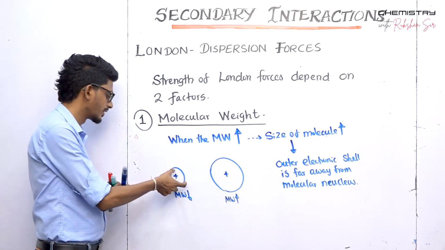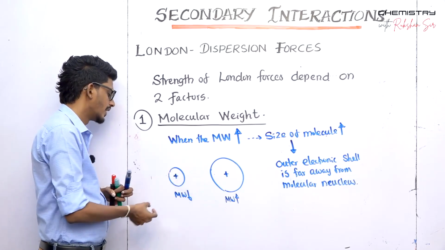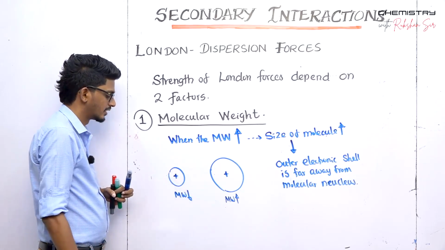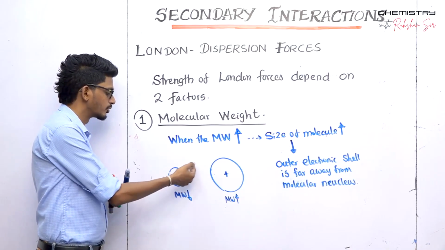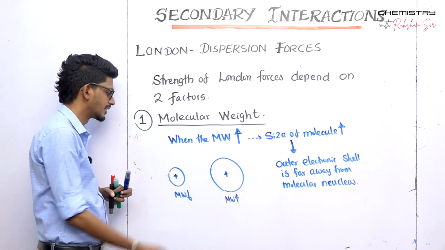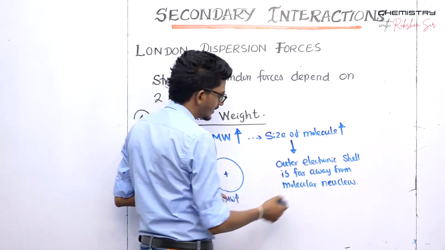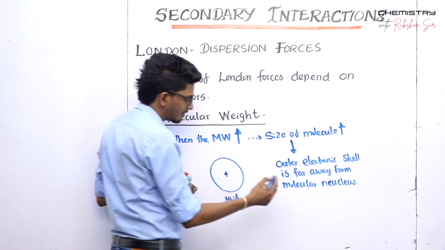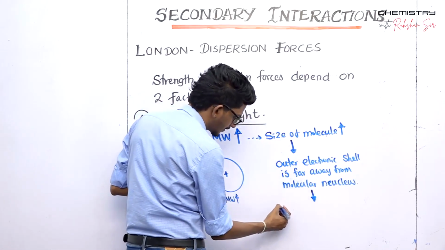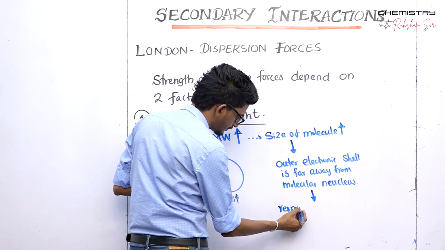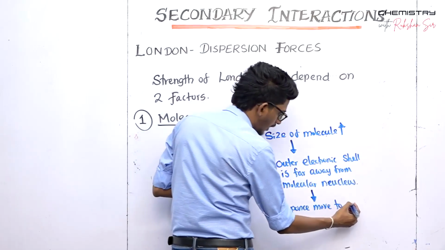As this is a small molecule, the electron cloud is more attracted towards its nucleus, so the electron density is not that keen to respond to outer charges. But here, the opposite. When the outer electron shell is far away from your nucleus, it will respond more to outer charges.